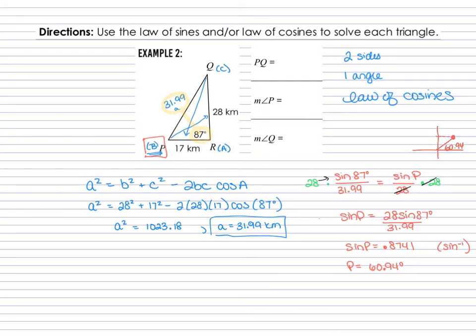So this y value is 0.8741. There is also another angle in quadrant 2 that has that same y value. It has the same reference angle as the one in quadrant 1, also 60.94.